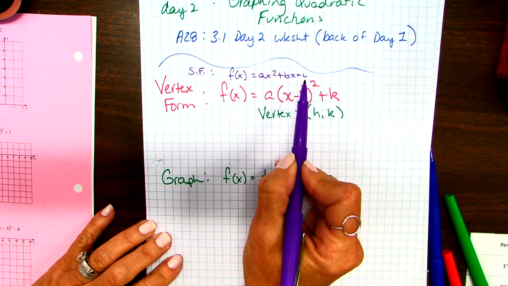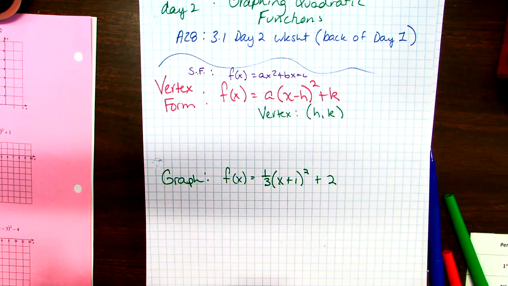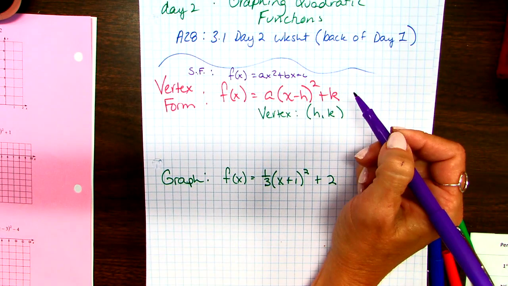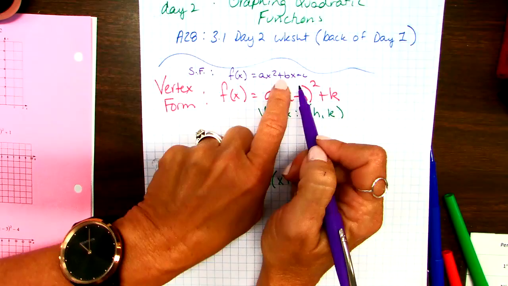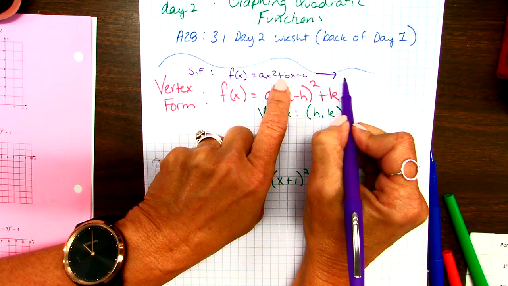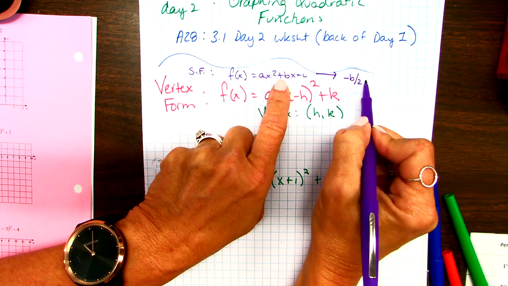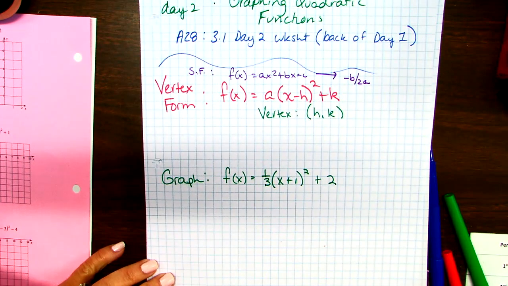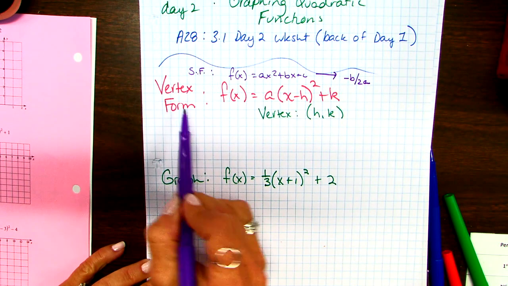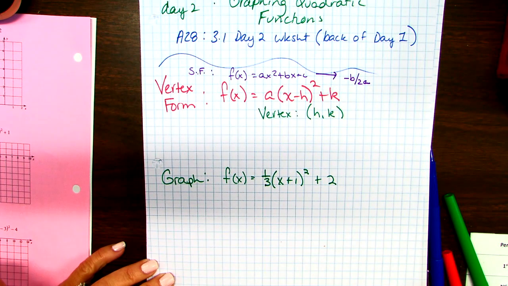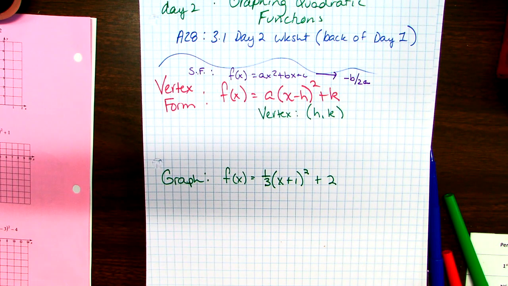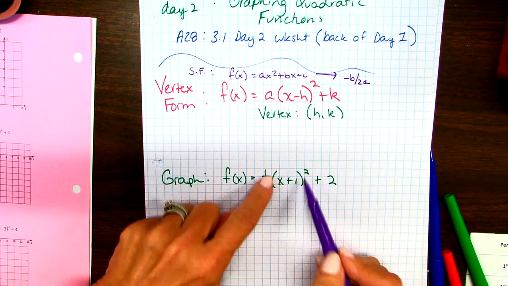So yesterday we were doing all the same steps we're about to do, except we weren't able to pull the vertex out of the equation. We had to do that little formula. Remember, we did negative b over 2a? You don't have to do that today. Because when it's in vertex form, it's always got parentheses.